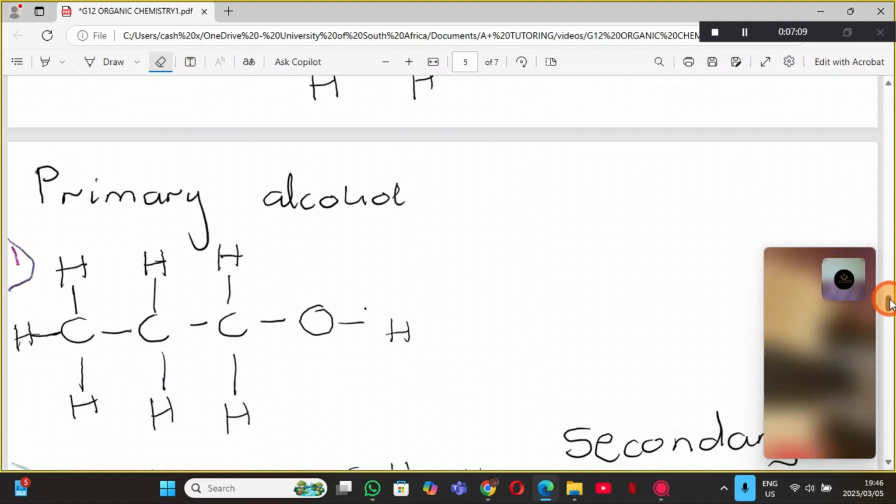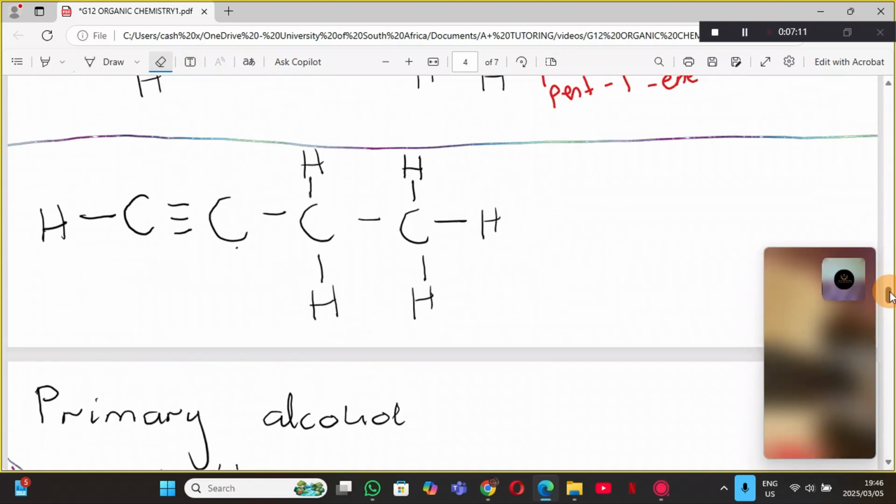So now this one. How many C's? That's 1, 2, 3, 4. 4 C's. What's the name for anything with 4 C's? But. Do I have any branches?